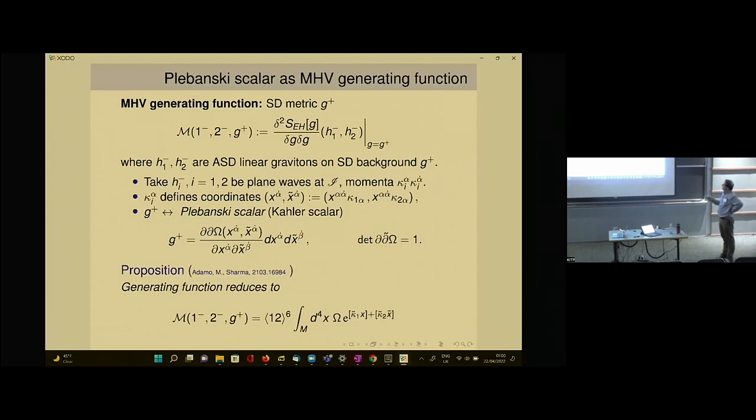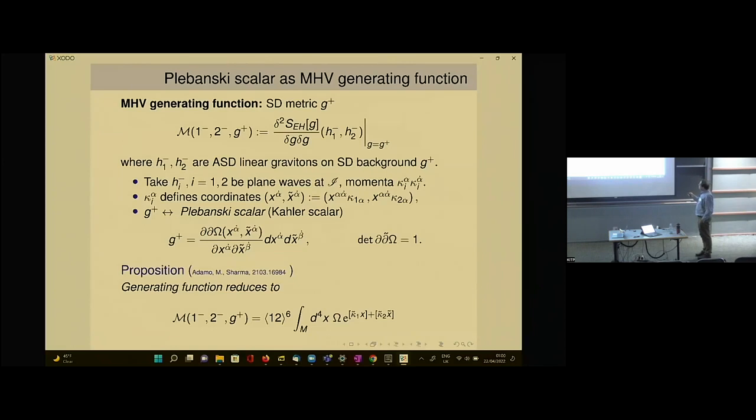And furthermore, we're going to take these h1 minus and h2 minus to be plane waves at null infinity. So we'll prepare them in the far past, so to speak, so that they have these momenta.